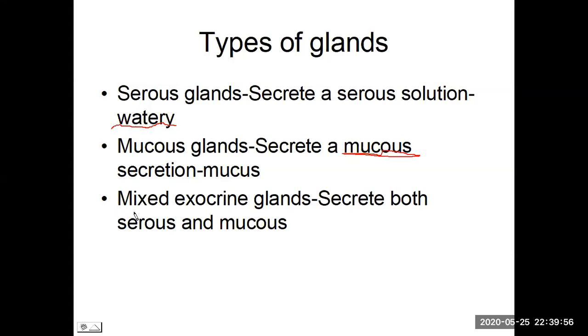And a mixed exocrine gland is truly one gland that produces the combination of both serous secretions from some cells and mucus secretions from other cells, and of course, it mixes, and that's what's known as a mixed exocrine gland. Our salivary glands, the production of saliva, is a great example of a mixed exocrine gland.